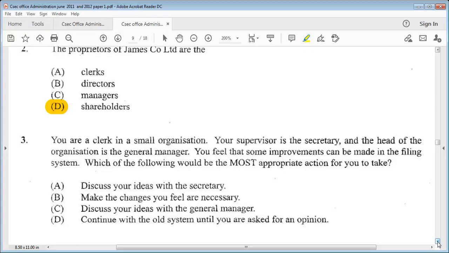A. Discuss your ideas with the secretary. B. Make the changes you feel are necessary. C. Discuss your ideas with the general manager. Or D. Continue with the old system until you are asked for an opinion. Our answer would be A. Discuss your ideas with the secretary.